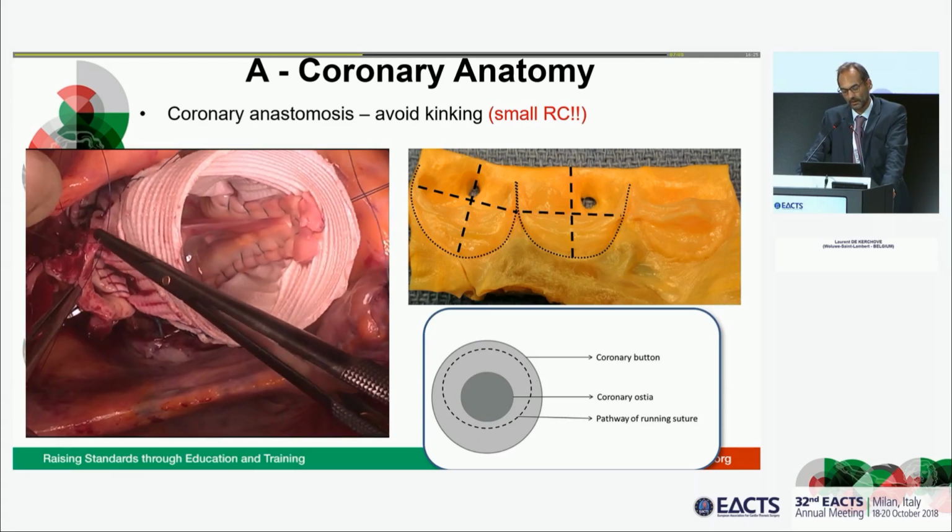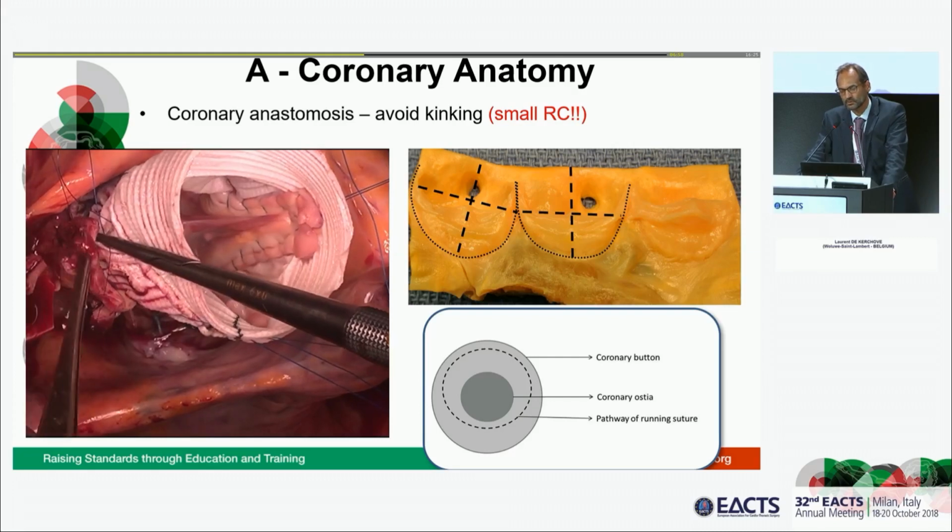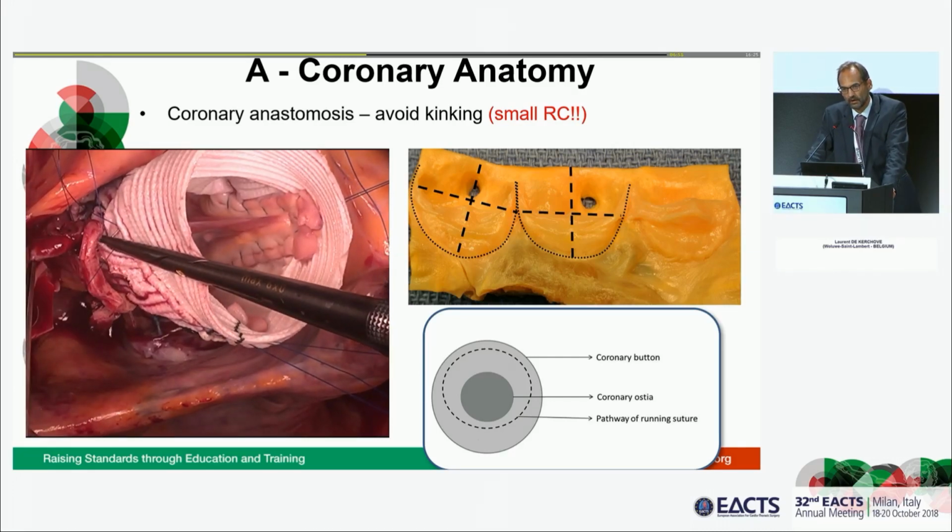Also, we make our running suture close to the entry of the ostia on the inferior part. So we avoid this kinking that can occur if you put the suture line far from the ostia. And then we go away a bit from the ostia going upward. The more risky coronary is the right coronary, especially if it is small. When we had a problem, generally it was with a small coronary artery.